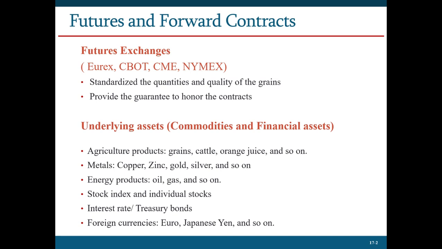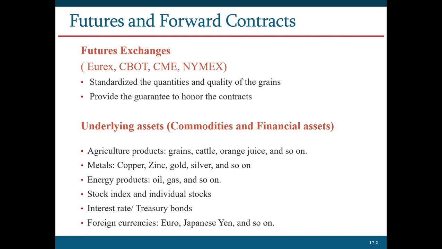As I said, the most important things that a futures exchange does are, first, provide guarantees to both buyers and sellers to honor the contract through the margin mechanism, and second, standardize the quantities and quality of underlying assets. Many underlying assets can be traded through futures contracts, including both commodities and financial assets.